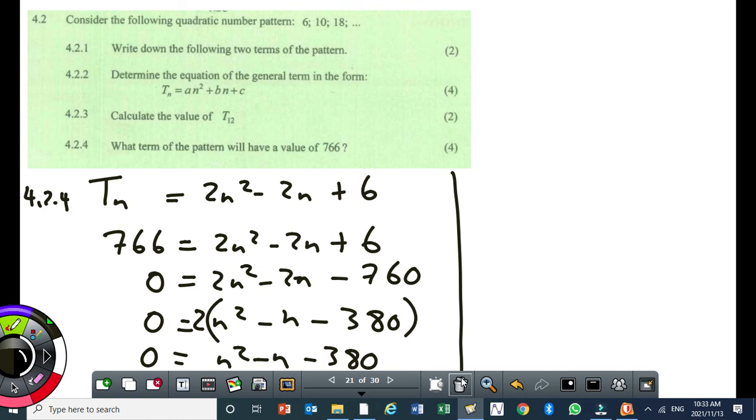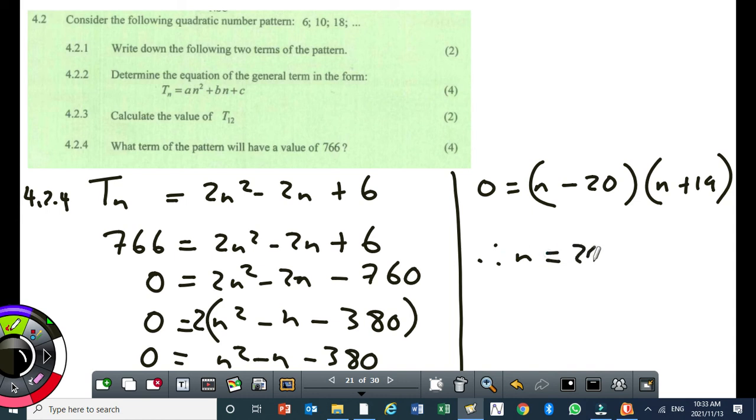Yeah. So it's going to be 0 equal to n minus 20 times n plus 90. Right? Therefore, n will be equal to 20 or n will be equal to minus 90. You will reject that. Therefore, n will be 20.